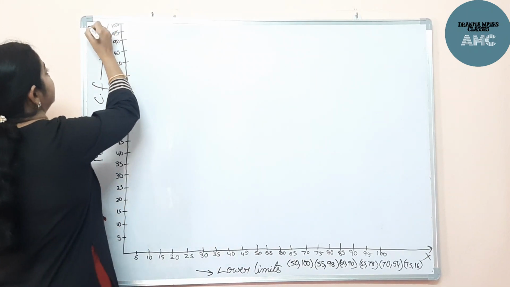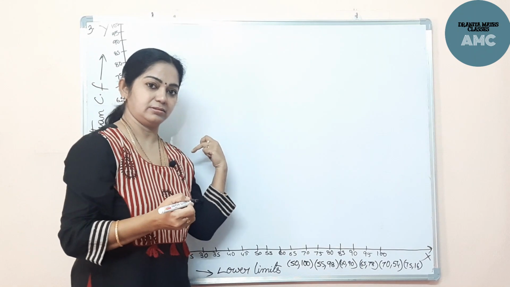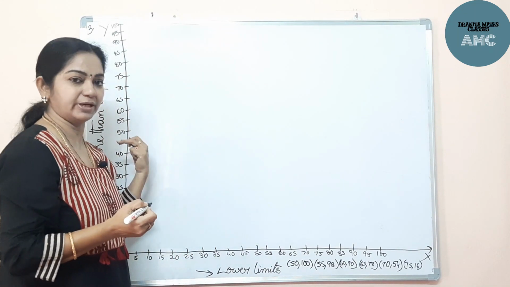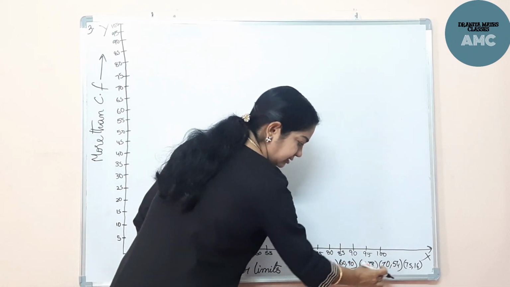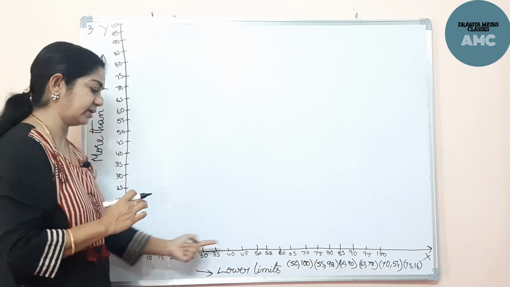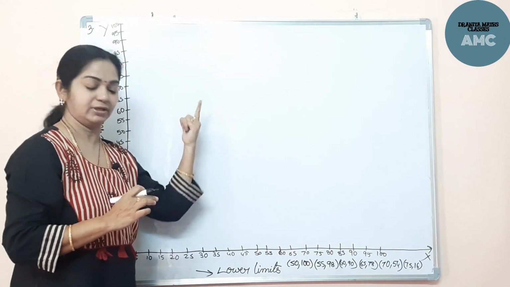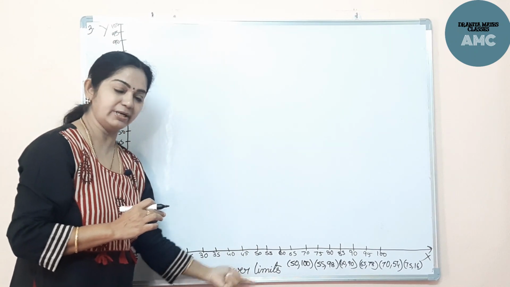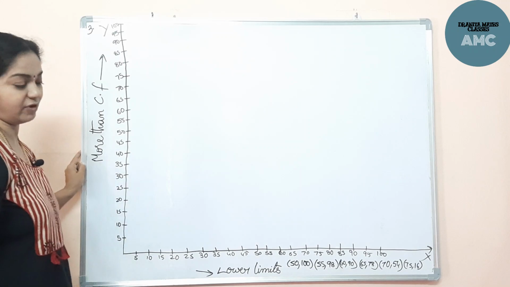Now this is the third problem's graph, isn't it? We have done the distribution table of more than cumulative frequency. Now we will plot the graph. I have noted the points here. Since this is the more than cumulative frequency ogive, I am taking the lower limits on the x-axis and more than cumulative frequencies on the y-axis.